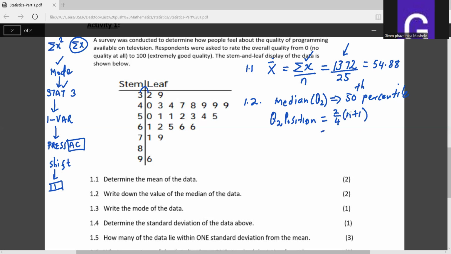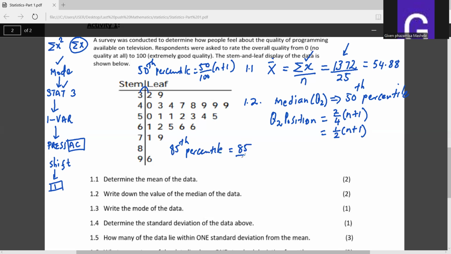And 2/4 is the same as half multiplied by n plus 1, which is the same as the 50th percentile, 50 divided by 100 multiplied by n plus 1. For example, the 85th percentile is just 85 over 100 multiplied by n plus 1. I believe you are following.